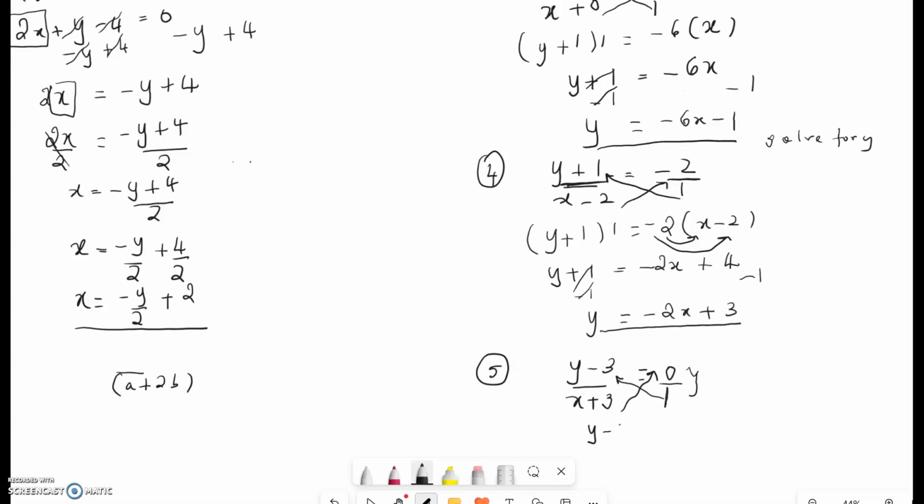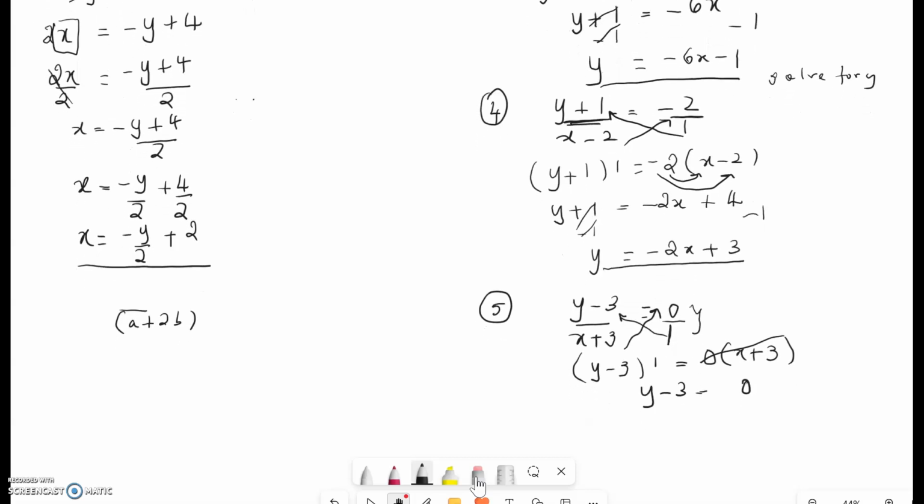So y minus 3 times 1 is equal to 0 times, it doesn't matter what it is, 0 times anything is 0, remember that. So y minus 3 equals 0, and I add 3 on both sides and get y equals 3. And we've solved for y. Just remember that if it's 0, write it as 0 over 1.